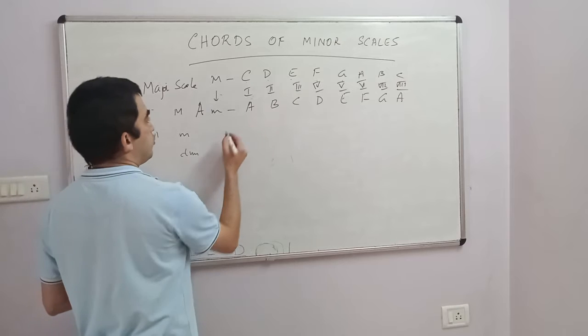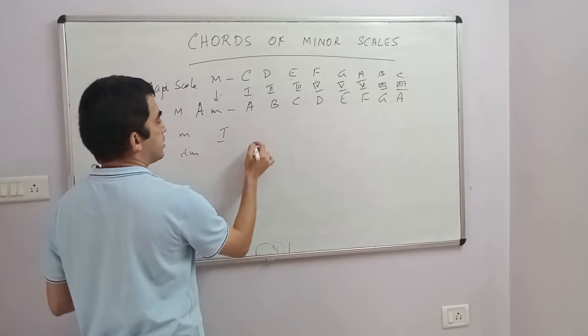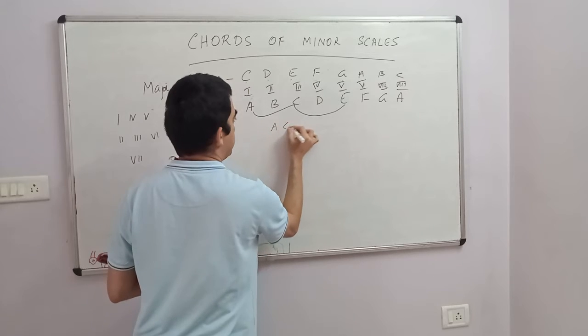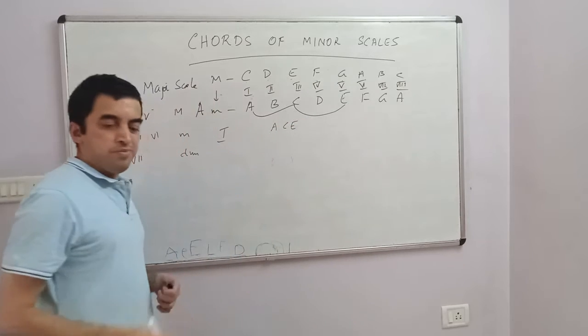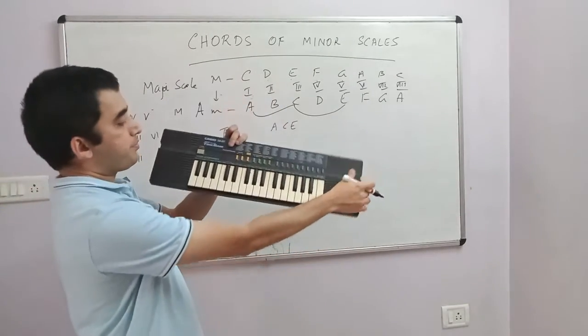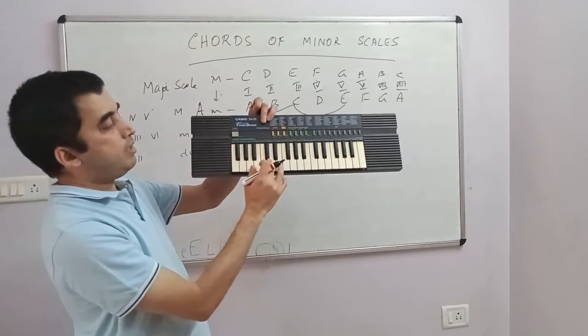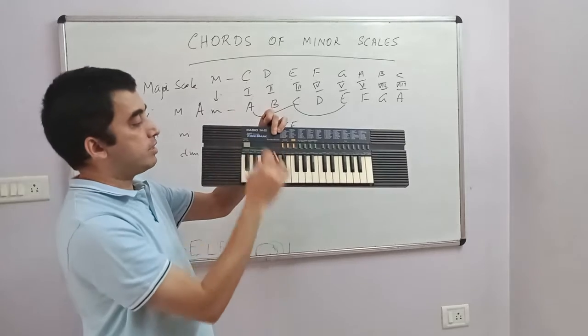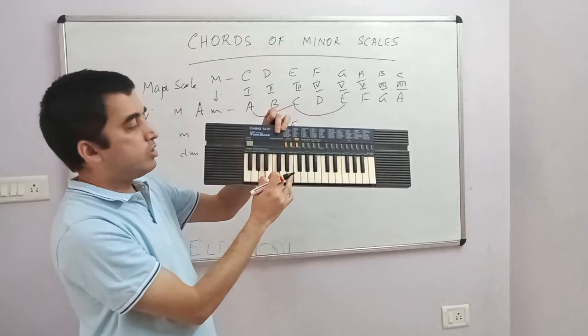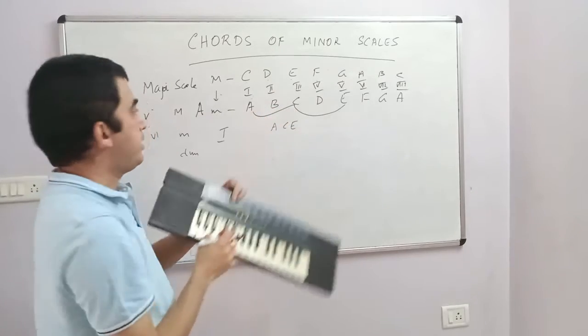So now we want to know the first chord. The first chord will be A, C, and E. We will go back to our Casio keyboard. A, C, E, so this will be A minor.